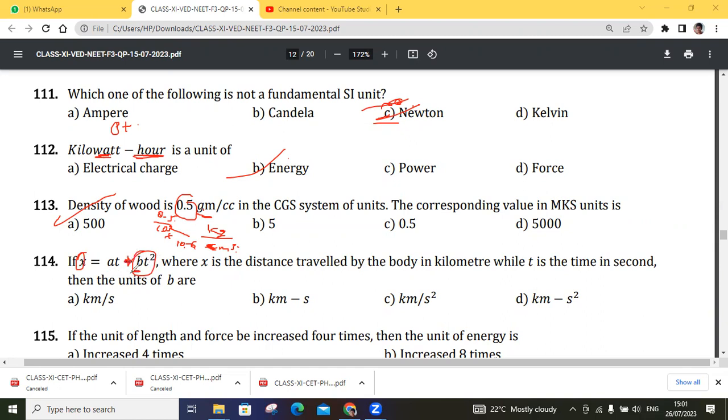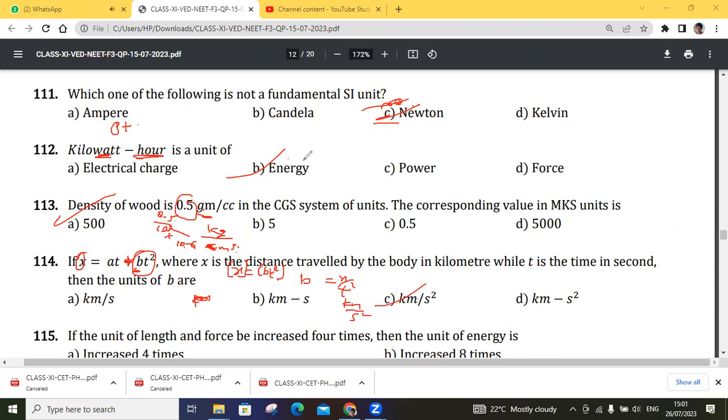Principle of homogeneity of dimensions. So x is kilometer. X dimensionally speaking, x is bt square. So b is x by t square. That is kilometer by second square. Kilometer by second.